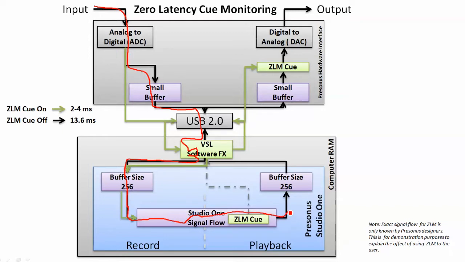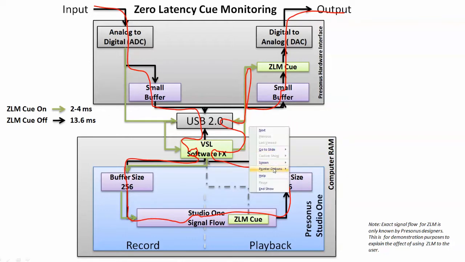And then it's going to pass back out through a 256 output buffer, and then go to the USB cable and then out into a small buffer and back up into your digital to analog converter, and out to your speakers. So that's your flow, roughly a 13 millisecond time frame to go that complete flow.